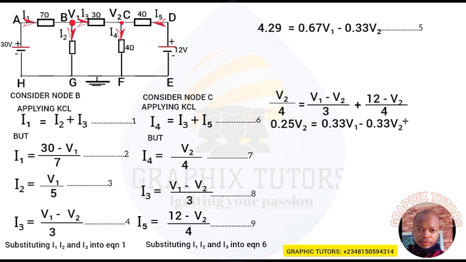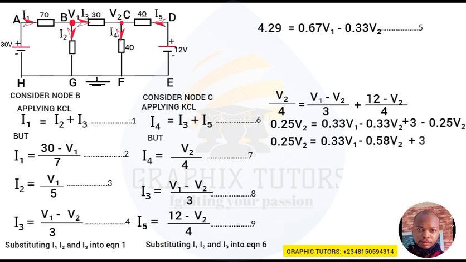Then plus, if you divide 12 over 4 here, we'll be having what? 3 minus the coefficient of V2 here is 1. 1 divided by the 4, we have 0.25 V2. Now if you collect like terms, we will now be left with 0.25 V2 equals to 0.33 V1 minus 0.58 V2 plus 3.